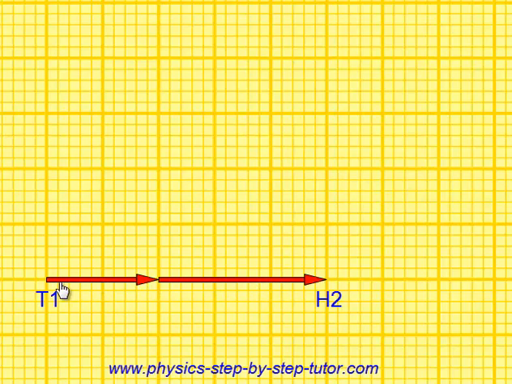And we can see it occupies, this is 10 units, 15 units, and this is 25 units. So we can represent this using this single green force here, and you can see it starts from the first tail to the last head. So this is the resultant force.